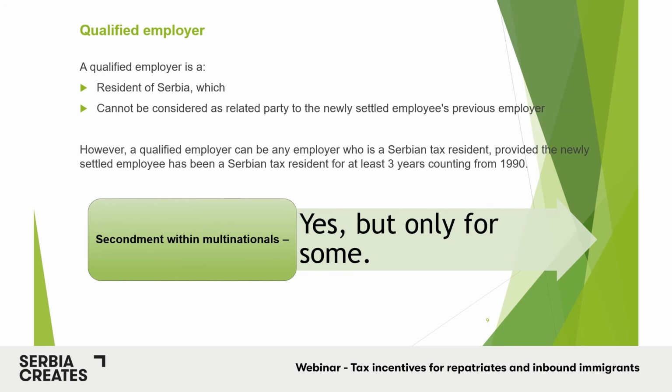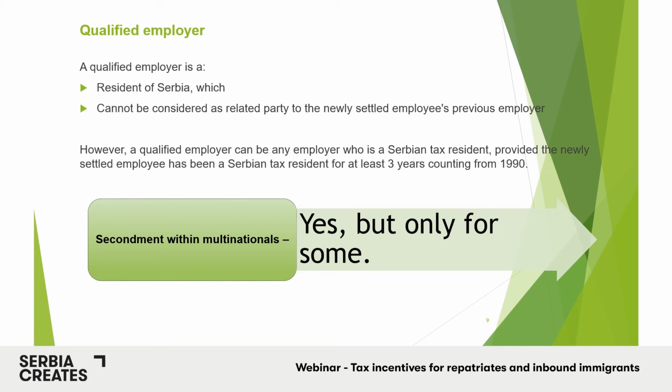First of all, now that we have answered the question, under which conditions do we need to contract our employment relationship? It needs to be an employment relationship for an indefinite period of time, and the gross salary needs to be at least 243,450 dinars. The question arises, who is a qualified employer? With whom do I need to conclude my employment relationship in order for both me and my employer to benefit from this incentive?